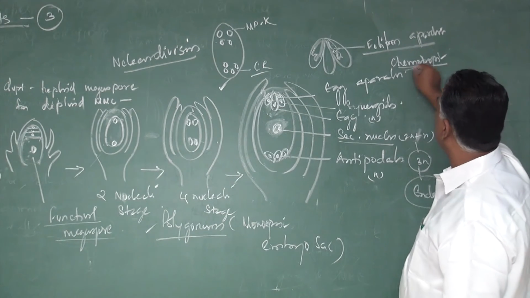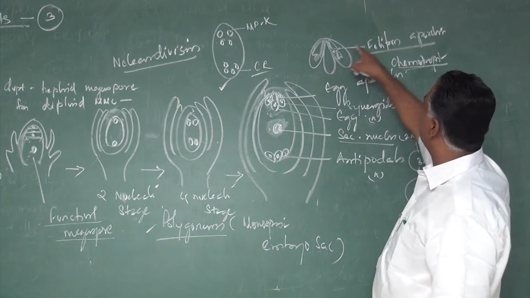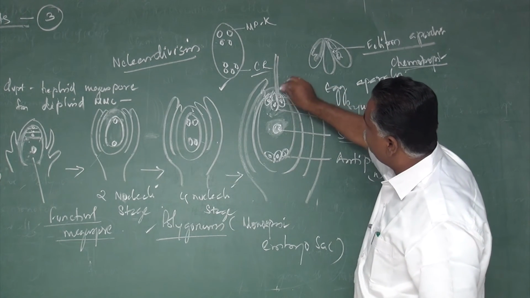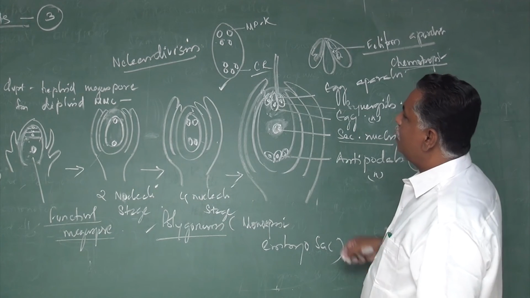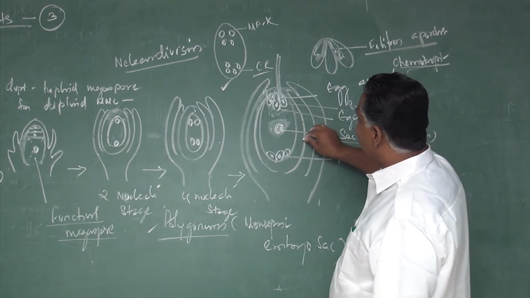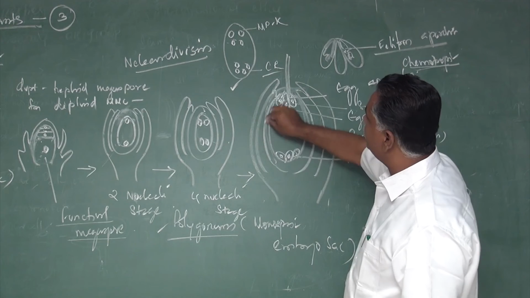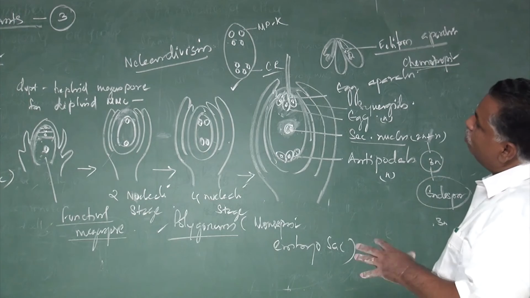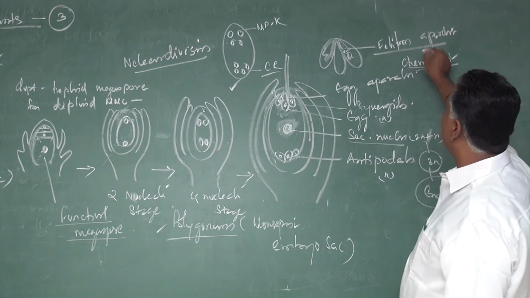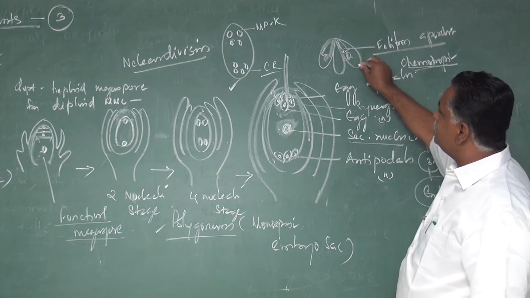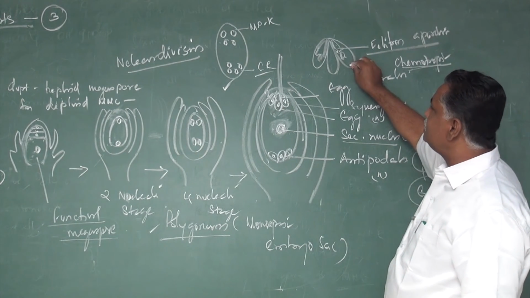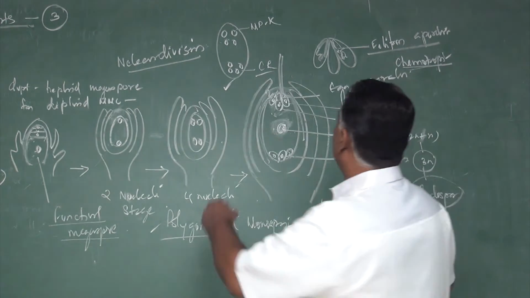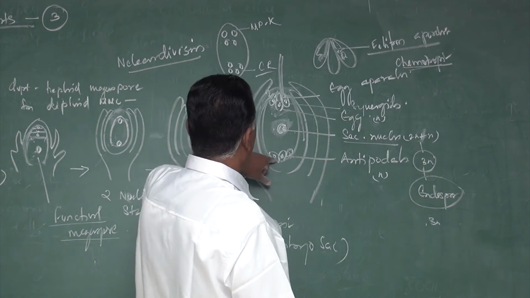Another function of the filiform apparatus is that it receives the pollen tube and paves the way for it. The third function is that it sucks food material from the nucellus and supplies it to the egg to develop into the embryo after fertilization.